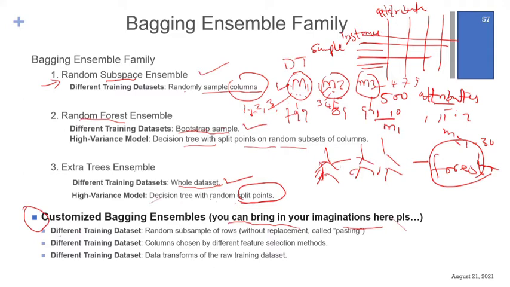One way to look at it is using different training data sets, that is, a random sample of rows without replacement, which we call pasting. This is a new method that is being tried here. Bagging is noted for sampling with replacement, but now we do it without replacement. Try to do a subsample of rows without replacement, so that every time you generate a different one.